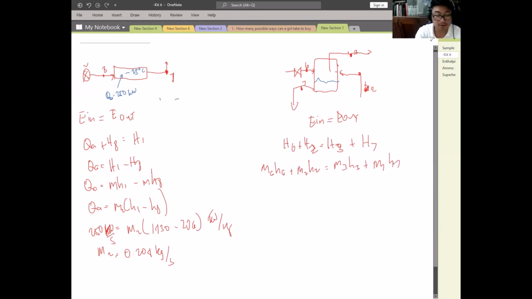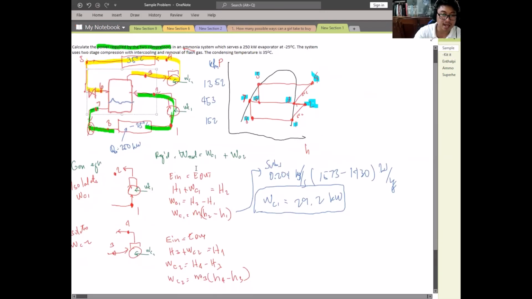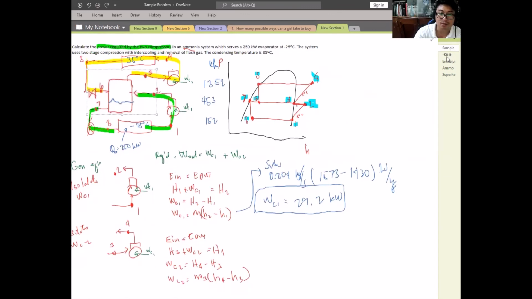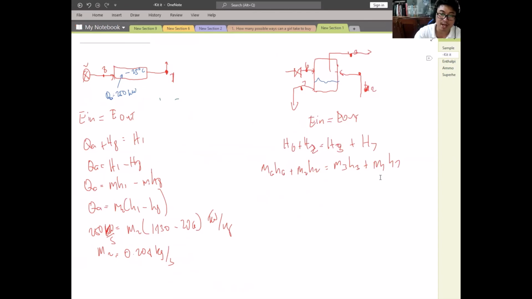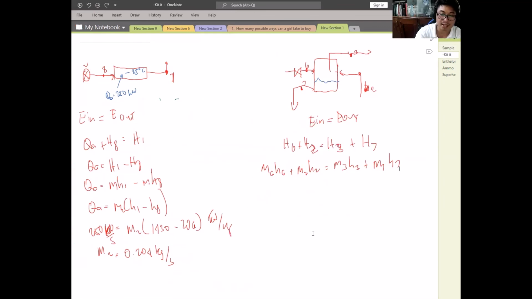But we all know that M2 is equal to M1, M8, and M7, so we can replace M7 with M2. Then M6 is in just one loop, our yellow loop, so M6 is equal to our M3.